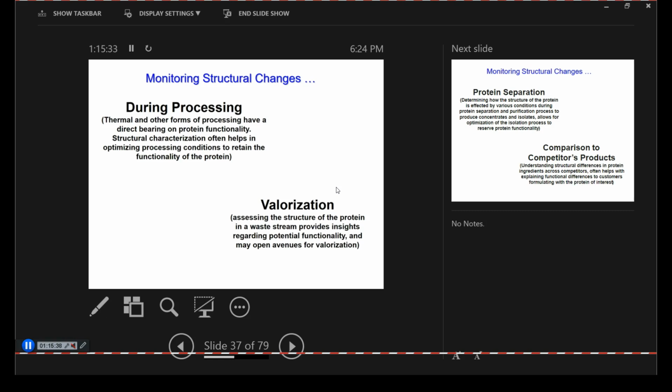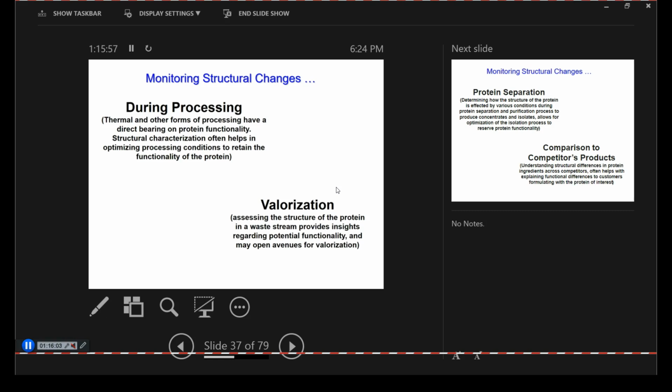Another example for monitoring structure and function is valorization. Whey protein comes from essentially a byproduct. So a few years ago, whey was discarded or used as animal feed. And then for some reason, they figured that there's a lot of whey that is being generated. Can we make use of that?